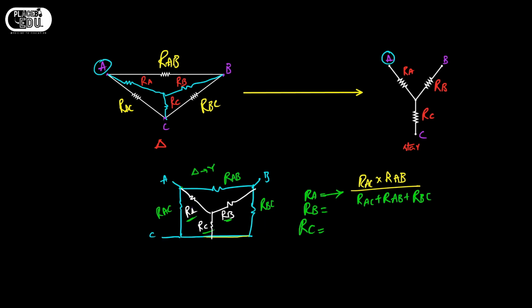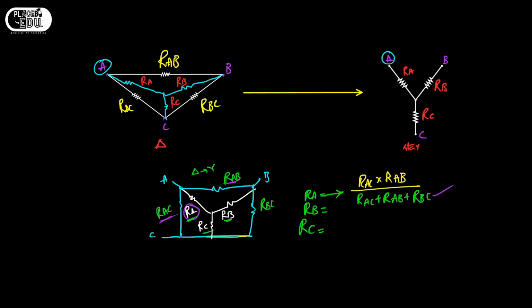Whenever we want RA, we have to write the product of the resistors to which RA is connected, RAC and RAB. That should be the numerator, and the denominator is the sum of all the resistors, not the remaining ones, all should be included. So RAC plus RAB plus RBC. Understood? In this way we can remember the formula.